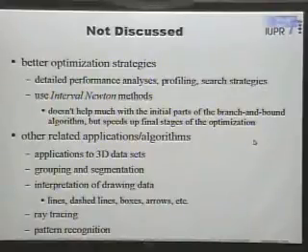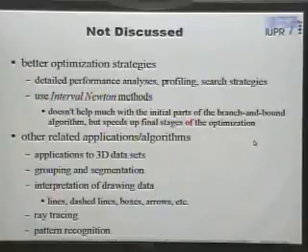And then using interval Newton methods, which turn out to not help much with the initial parts of the branch and bound algorithm, because they basically have to go through the same kind of splitting, but they speed up the final stages of the optimization. And there are lots of other applications and algorithms that I didn't talk about.